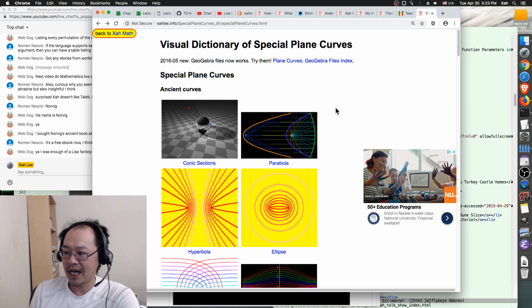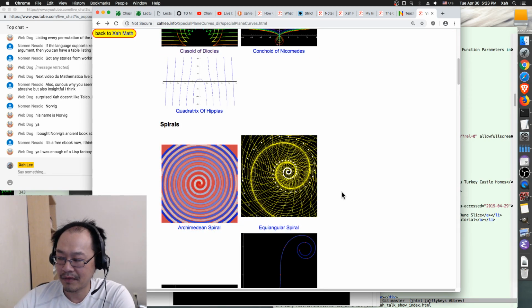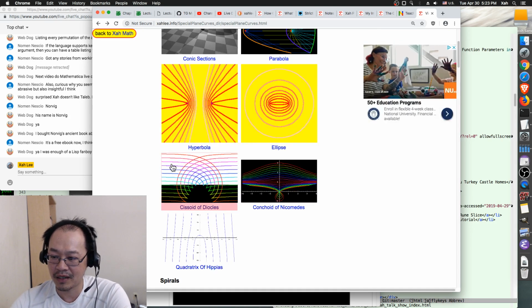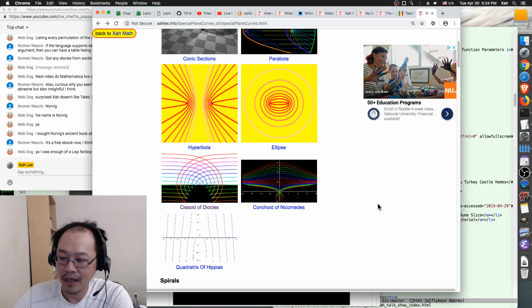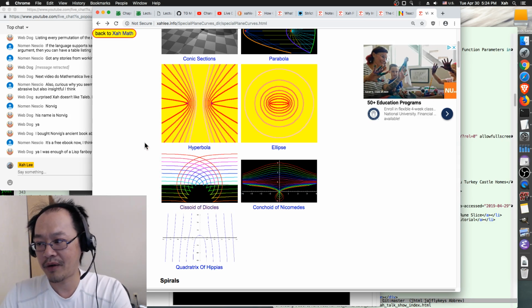Study math, calculus, plane curves, Greek geometry. There are lots of things, and that's what I was doing. At Wolfram Research I was just writing Mathematica code for these kinds of visualization things. I wrote a lot of them, for half a year. That's what I was doing at Wolfram Research.